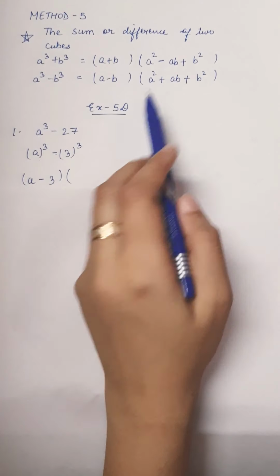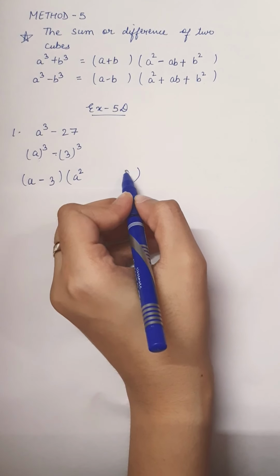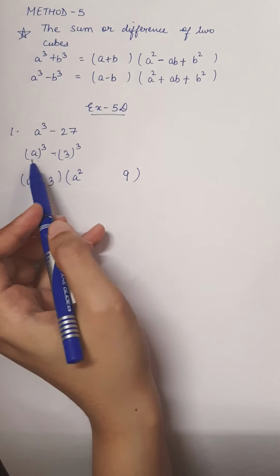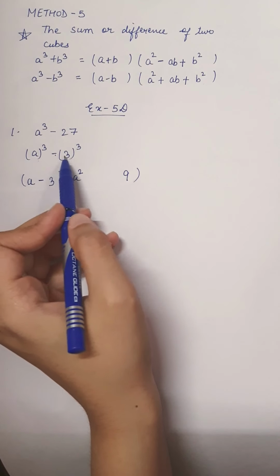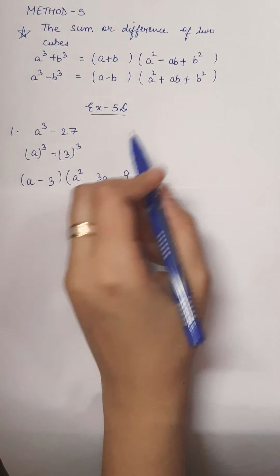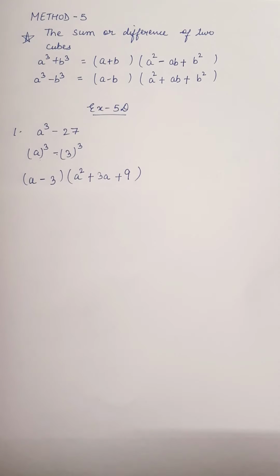Then square of first term, a square, square of last term, 9, and in between ab, that is product of first bracket and second bracket, so 3a. And since all are having plus sign, so done.